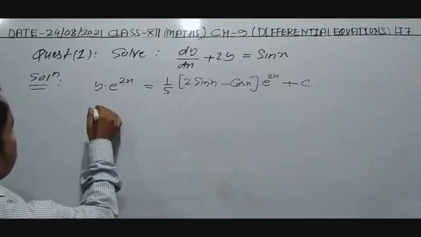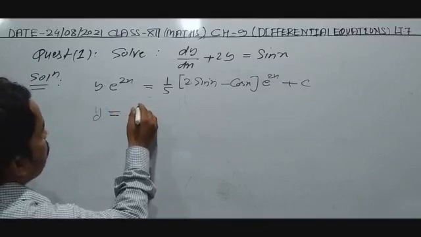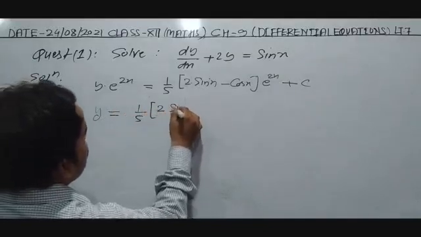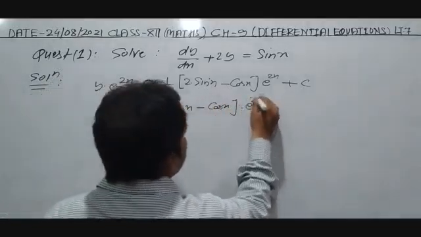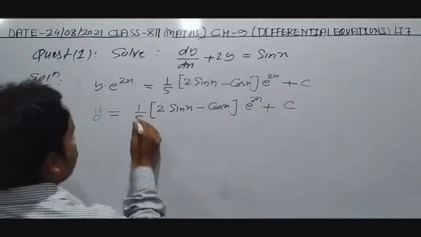So now you can write y is equal to 1 by 5 times (2 sin x minus cos x) times e to the power 2x plus c, and whole upon e to the power 2x.